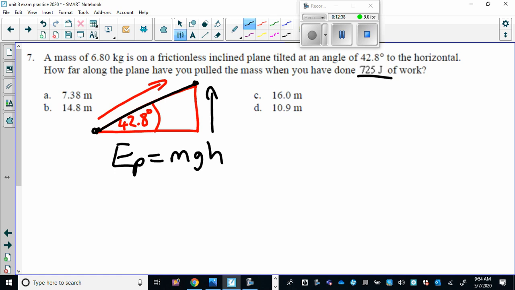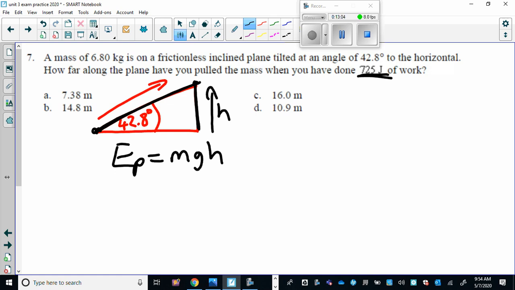No, I can't calculate how much energy. Yes, I can. I can calculate what they've given me, how much energy it took. What I can do is calculate the height that it gained. So if I calculate the height, then in other words, I have this part of the triangle, and I have this angle, and then I want to find this part of the triangle, so I can just use trigonometry.